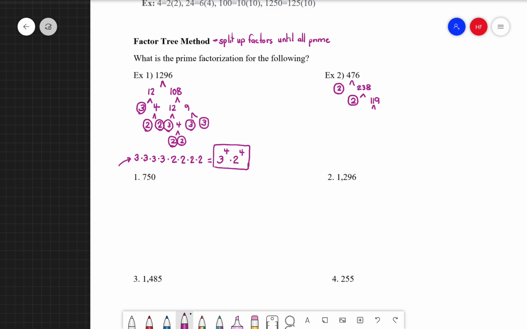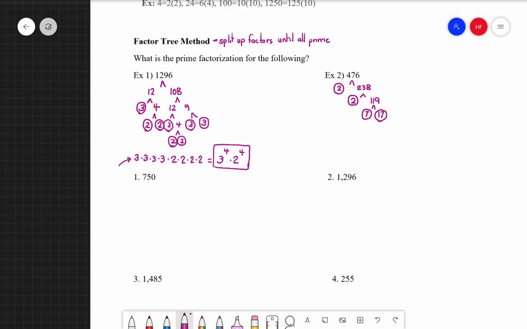So 119 divided by 7 is 17. 7 is a prime number because I can't divide 7 any further. And 17, 17 divided by 2, no. 17 divided by 3, no. By 4, no. So 17 is a prime number.